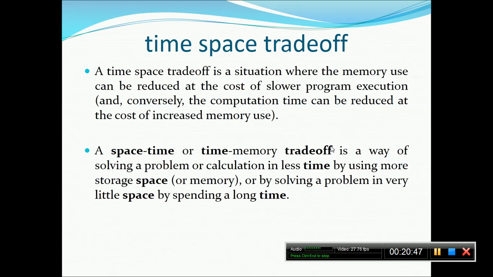Like you want your program to execute faster. So what the time-space trade-off suggests, the memory utilization could be reduced given your program will execute slower. So they are inversely proportional to each other.